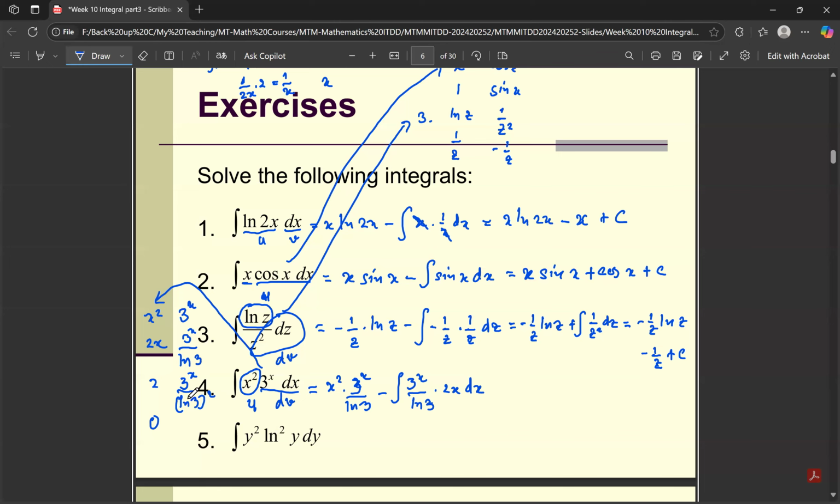And then again we integrate, to get 3^x divided by ln 3 cubed. So integration by parts can be applied using this technique. We multiply this diagonal and give the sign plus.